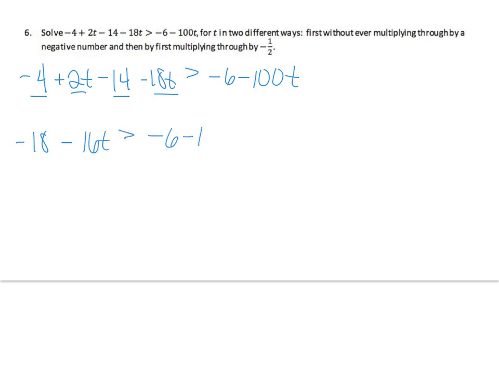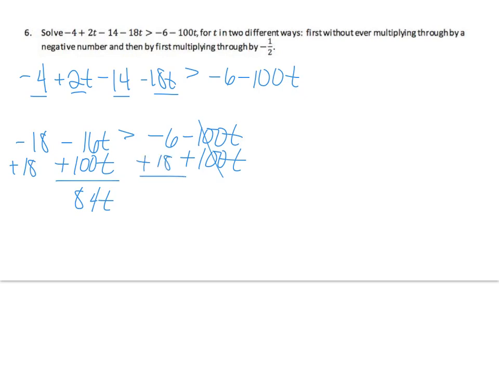Negative 6 minus 100t. So if I don't want to multiply through by anything negative, I need to make sure that my variables stay positive. So that will help. Let's see, here I have 84t. Add 18 to both sides. And that gives me 12.